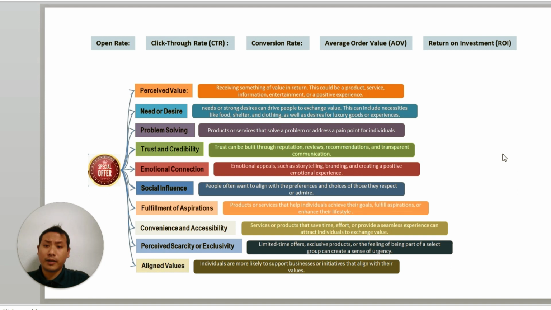So fulfillment and aspirations. This is very similar to Amazon. If you can inspire people and also help them get things in a faster, more convenient way, then this is something that is going to increase your click-through rate, or if not necessarily, the conversion rate as well.